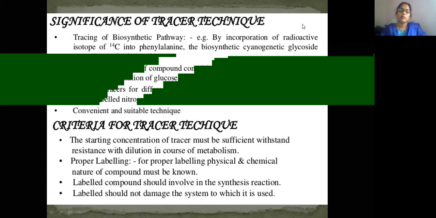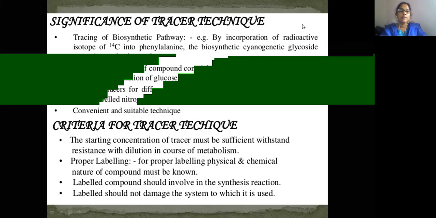So we can determine the quantity of glucose remaining in the biological system, how much is consumed, and where it is. We are ingesting from the mouth, and then it passes through the GIT, reaching the stomach and intestine. So we can trace out the location of this radiolabeled compound using tracer techniques.